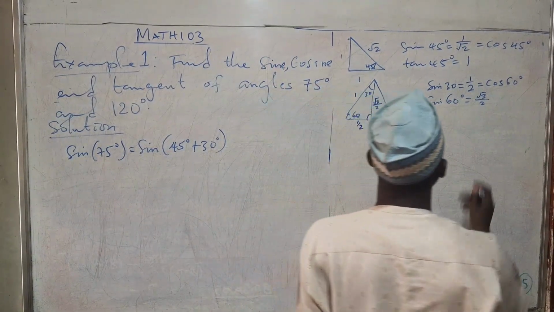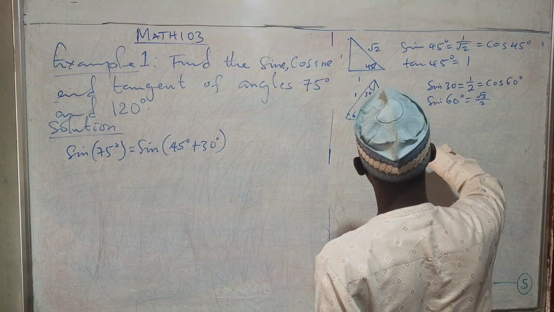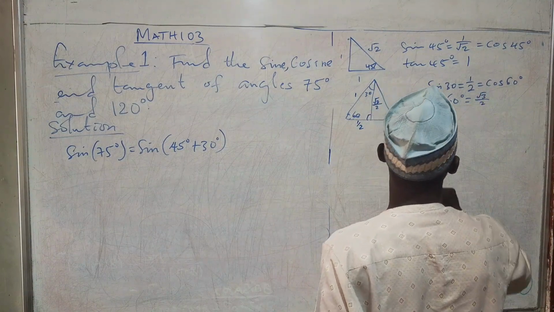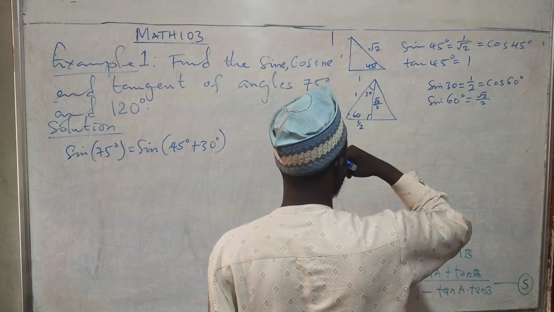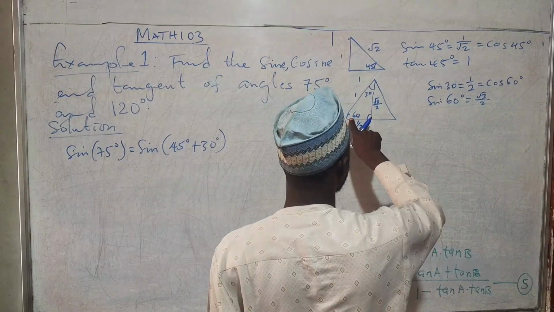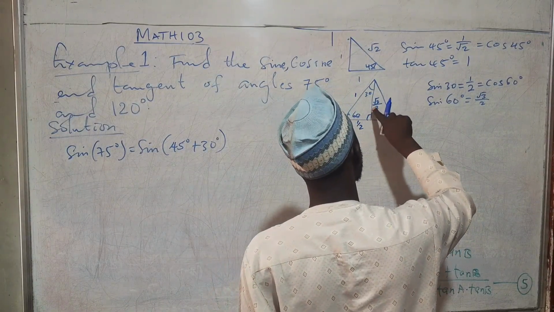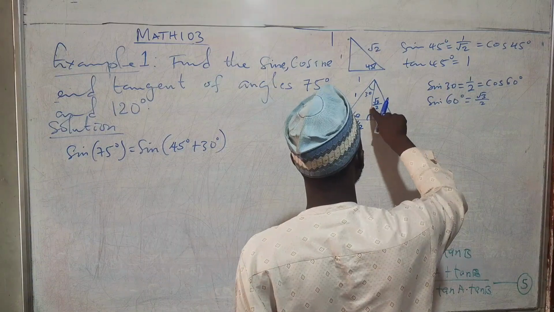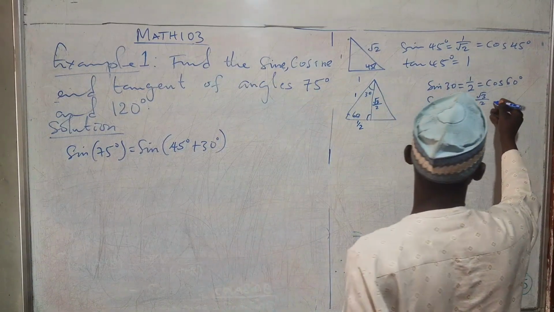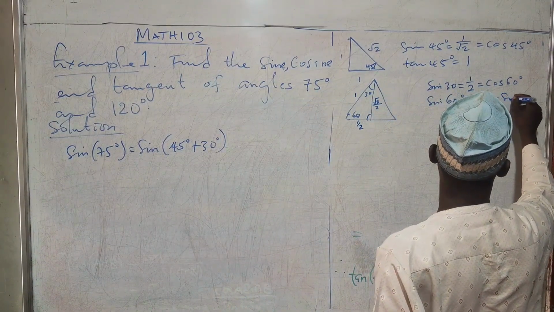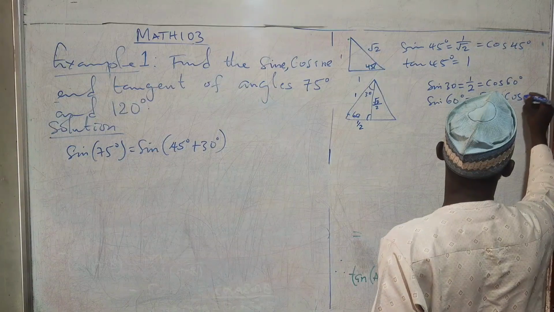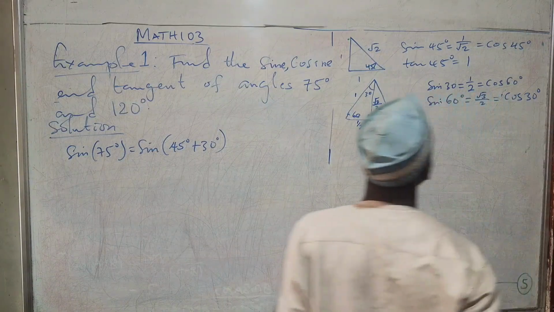So sine 30 is opposite over hypotenuse, that's 1 over 2, correct? And then sine 60 is the opposite of 60, root 3 over 2, over the hypotenuse, so it is equal to root 3 over 2, and that is the same thing as cos 30 degrees.